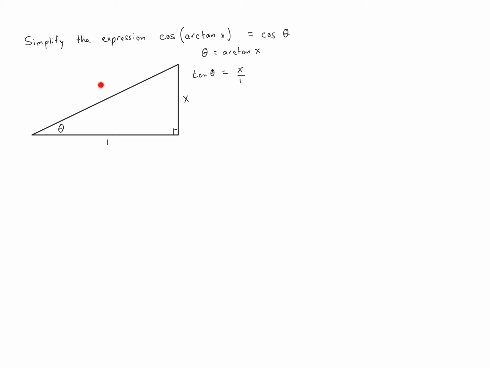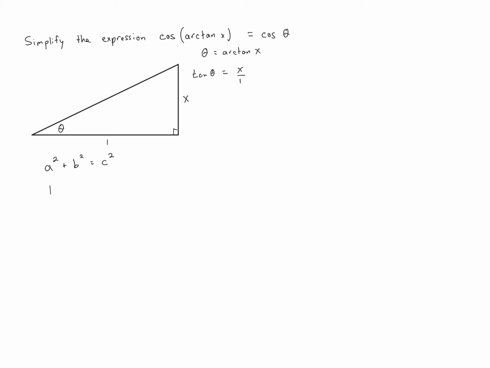And the way that we can find that hypotenuse is by using the Pythagorean theorem, which says in a right triangle, a squared plus b squared equals c squared, where c is the hypotenuse. In this case, the legs of the triangle are 1 and x.